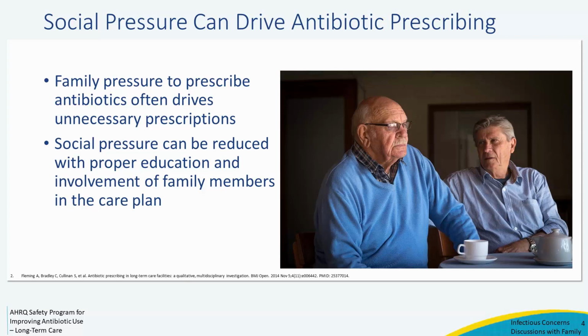In fact, a variety of other factors are more common causes of a change in mental status, including pain, constipation, and even a poor night's sleep. Education and involvement of family members in the care plan can reduce social pressure to prescribe antibiotics.